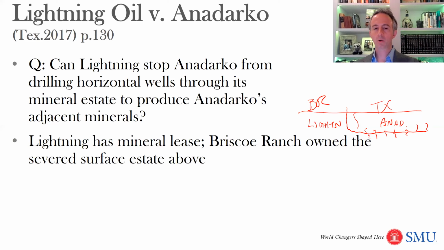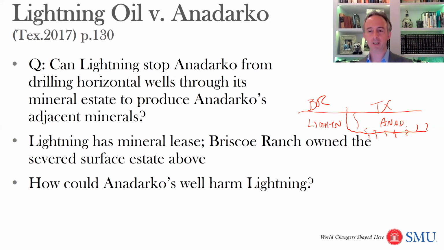Okay, so who do they go to for permission? Do they go to Lightning or do they go to Briscoe Ranch? And the answer is they go to Briscoe Ranch. And the reason they do that is because although we sometimes say you own the surface, you own the subsurface, in reality, when we say the subsurface owner, we really mean they own the minerals.